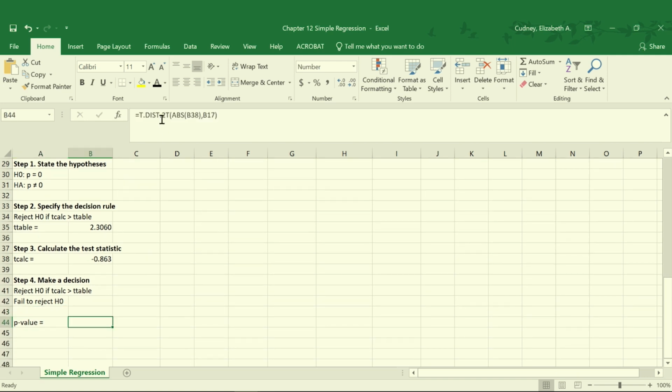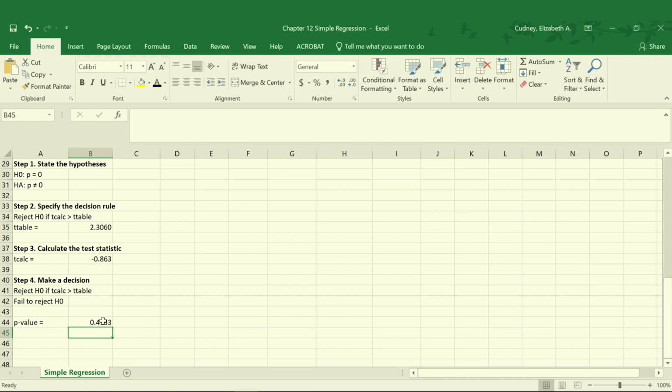Our p-value then we can calculate as well to understand the confidence in our results using our T.DIST.2T, taking the absolute value of B38, which is our test statistic, so it'll be positive 0.863, and then our degrees of freedom from cell B17, which was 8.